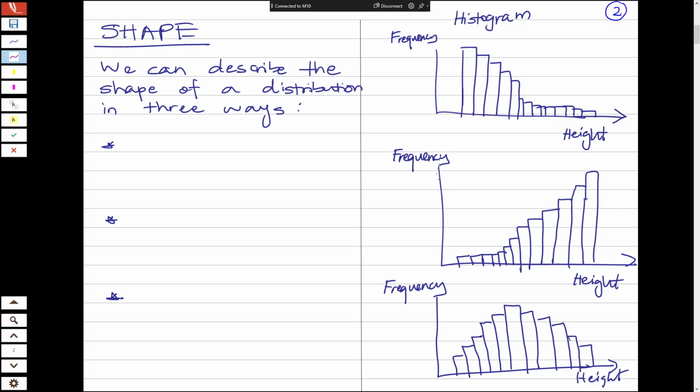So we're going to give this a name. I would like you to get this diagram down in your books. So here, there is a larger spread in the higher values. And I'll say a larger spread in the positive direction.